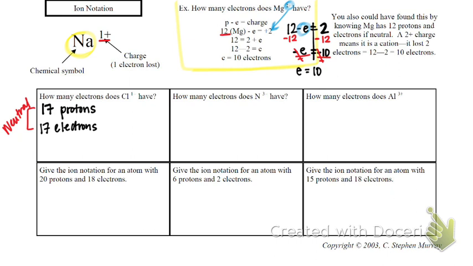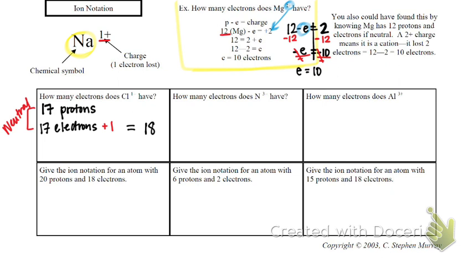We would add 1 more electron, which would be 17 and 1, 18 electrons. Kind of feels backwards, but our electrons are the negatives. So if we are negative, we need to add electrons. If we're positive, we need to subtract them. Everybody good there?